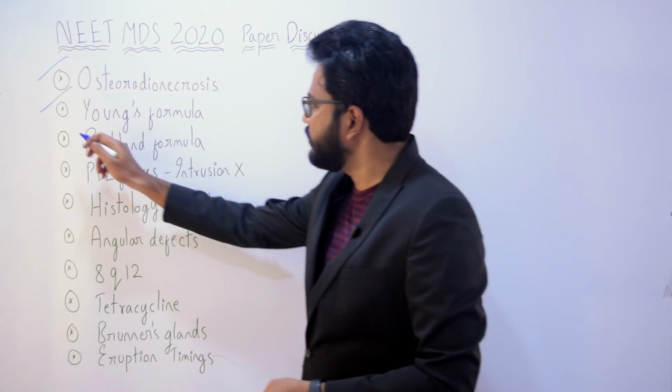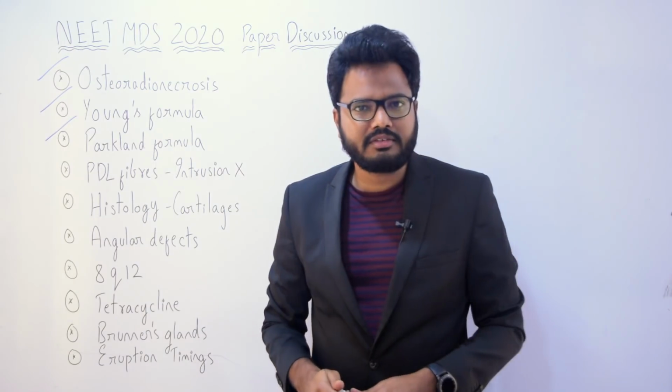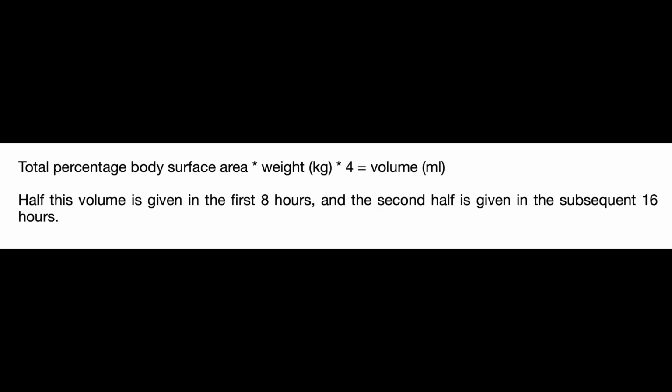Now let's move on to the next question. Parkland formula, fluid resuscitation in case of burns patients. This is the formula, as you can see. Parkland's formula is the simplest and the most widely used formula.